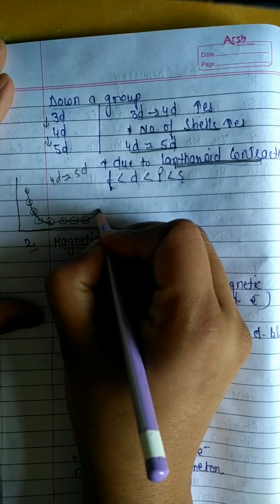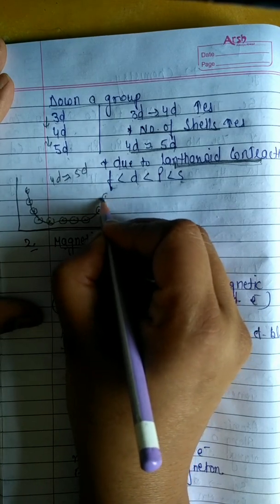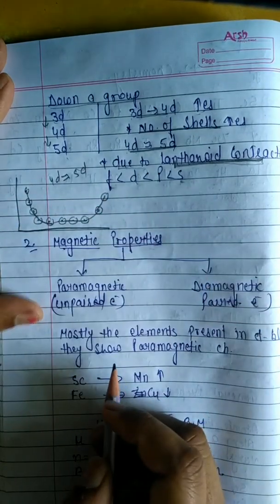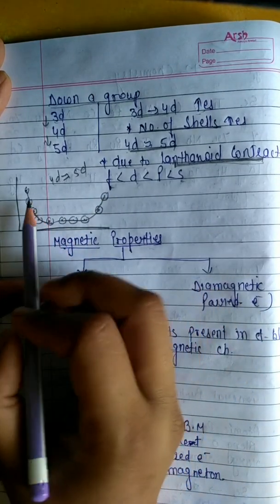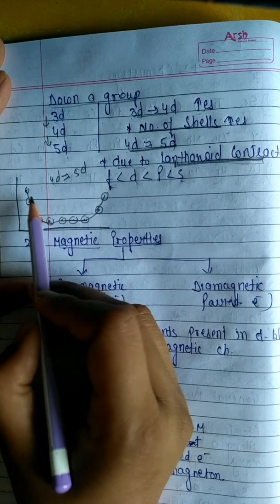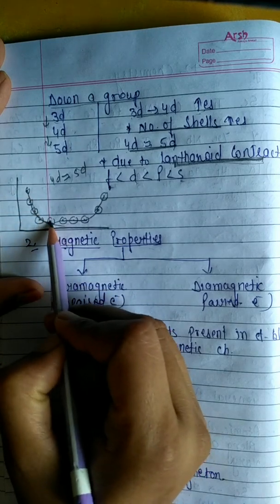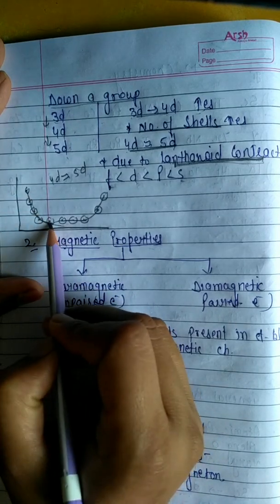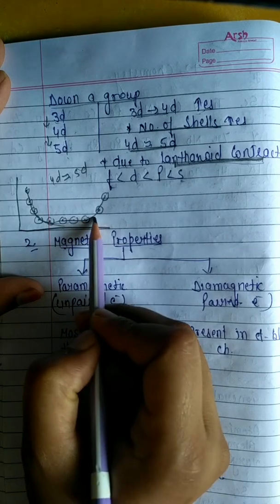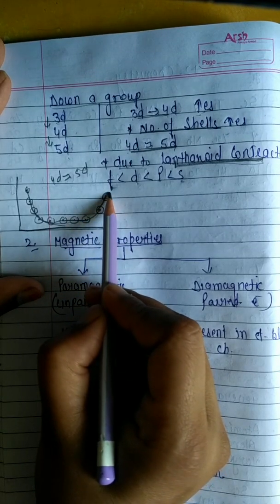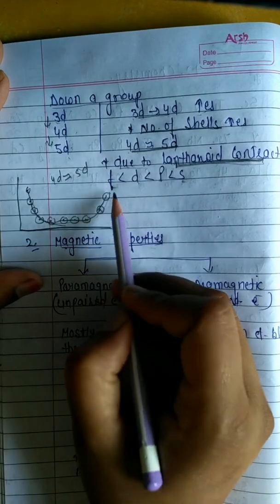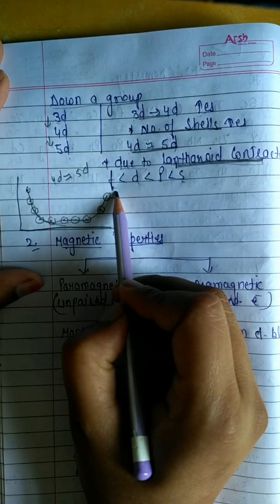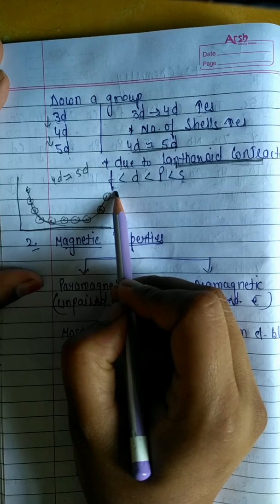After that, copper and zinc, it again increases. Clear? Firstly, the atomic radius decreases up to manganese. After that, it remains the same. After that, it again increases in the case of copper and zinc, because in the case of copper and zinc, more screening effect will be there.